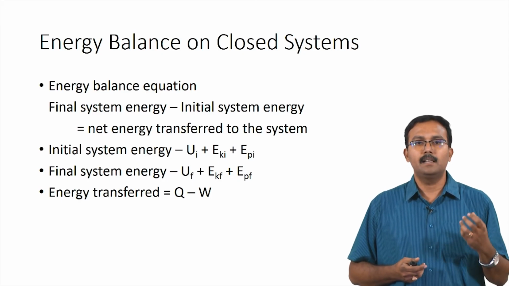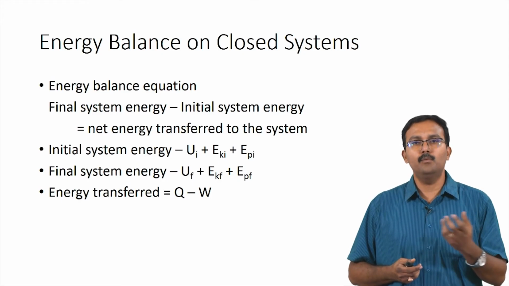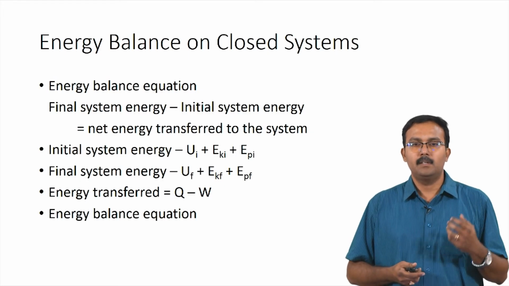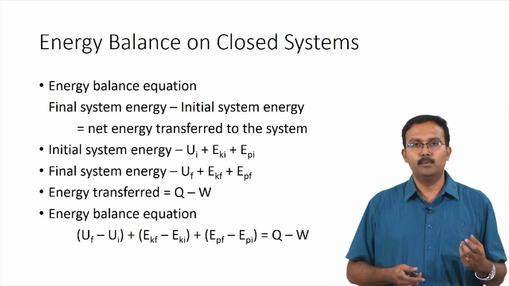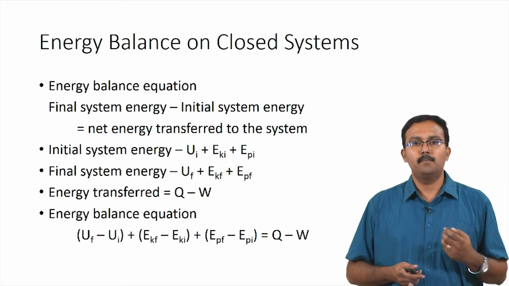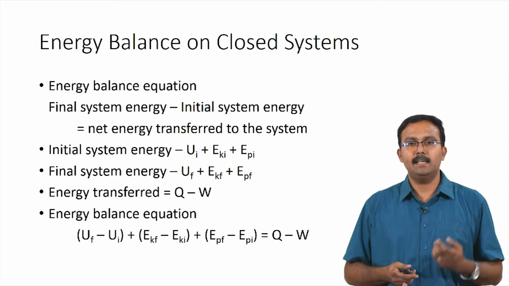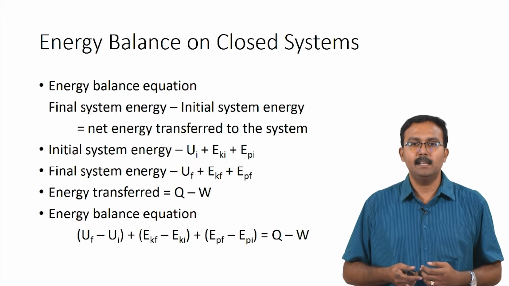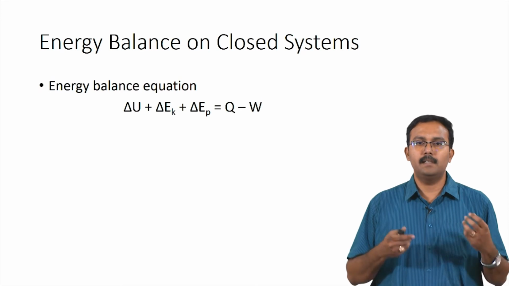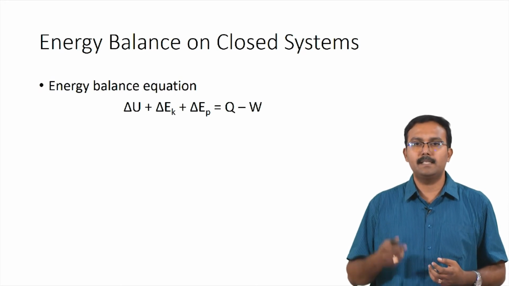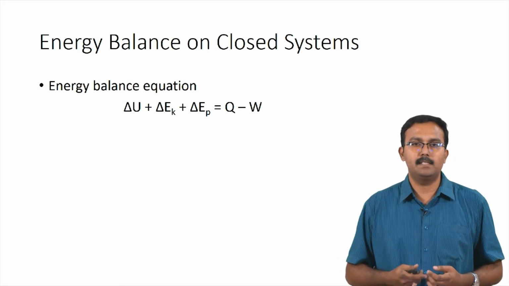So, based on that, energy transferred would be Q minus W. So, the energy balance equation can be written as delta U, which is UF minus UI, plus EKF minus EKI plus EPF minus EPI equals Q minus W. So, this equation then becomes delta U plus delta EK plus delta EP equals Q minus W.